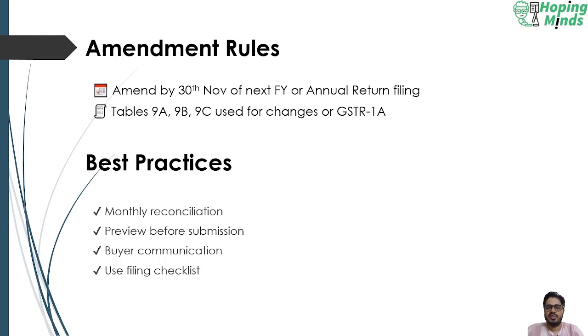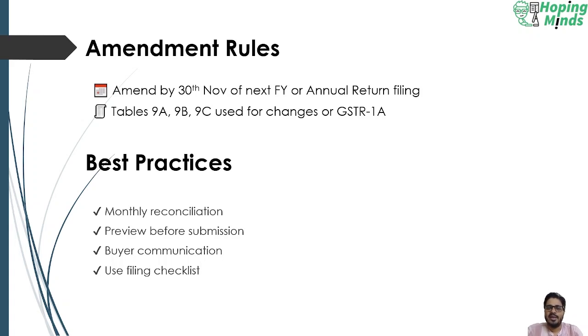Next are the amendment rules. So any error or amendments in the GSTR-1 return can be done in the subsequent month's GSTR-1 return subject to a maximum of 30th November or the annual return filing date, whichever is earlier.